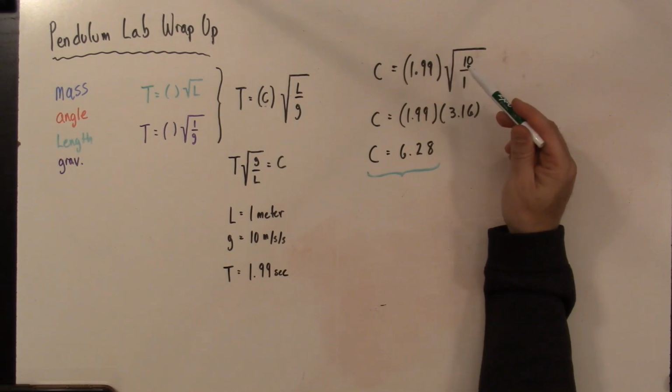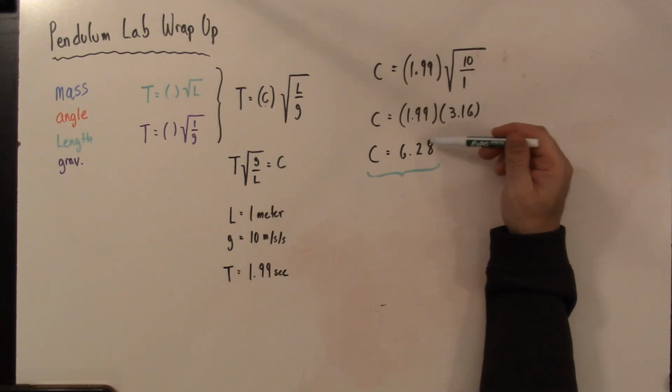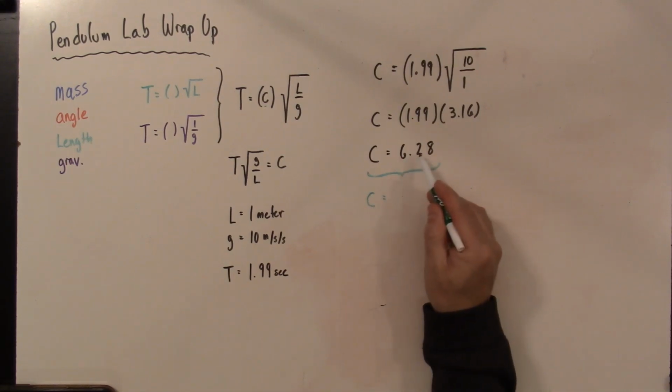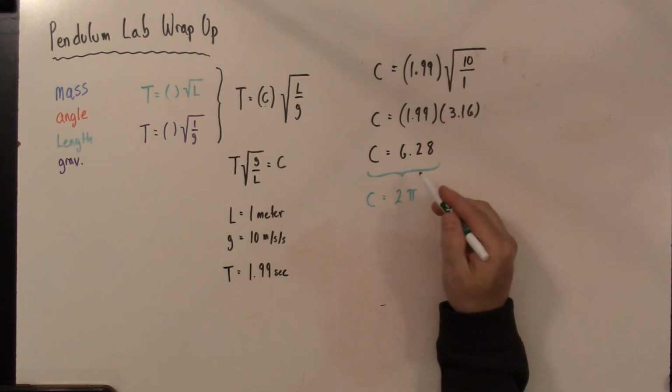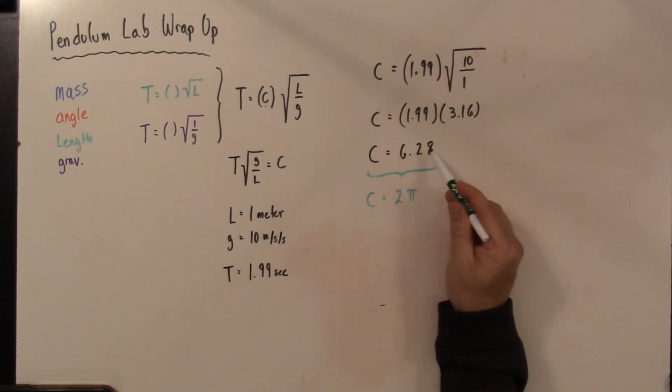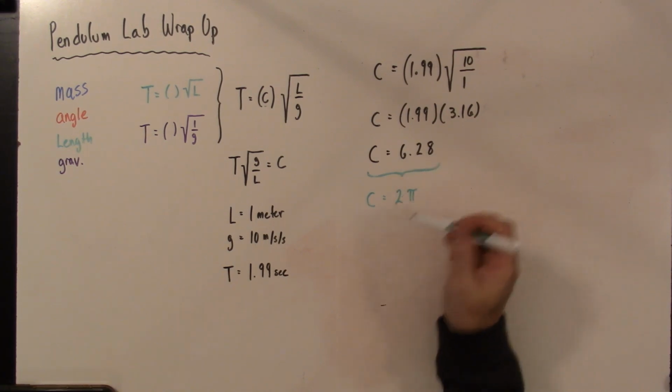I'm trying to figure out what's happening with this 6.28. Doesn't it seem familiar to you? Isn't 6.28 2 pi? It is, isn't it? Because pi is 3.14, and this is 6.28. That can't be a coincidence.